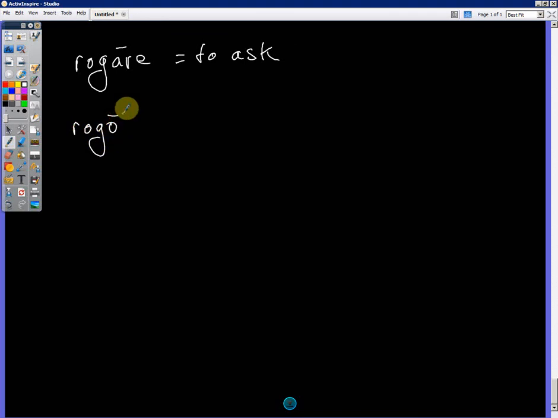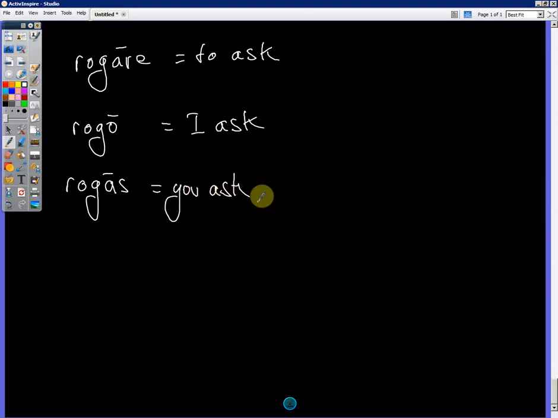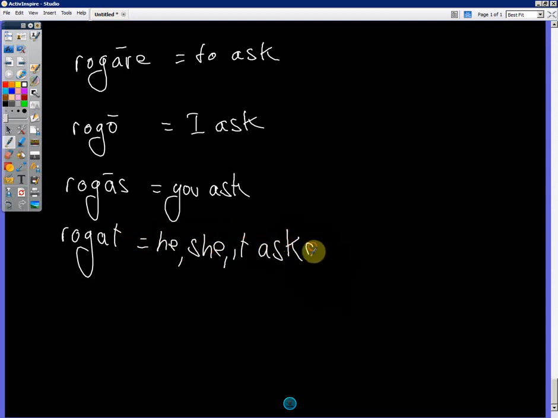This one here hasn't, so it's not rogo with a short O, it's rogo with a long O. I ask. You ask, go to that stem, rogas, put an S on the end. And rogat, no macron, he, she, or it asks.